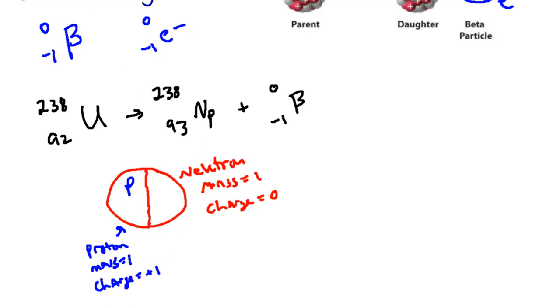That makes logical sense, doesn't it? An electron, though, has a mass of relatively nothing. It is really non-massive. It's got a charge of negative 1. So in a neutron, you can see the total of the mass, 1 plus 0, is 1. The total of the charge, plus 1, negative 1, equals 0. So a neutron is kind of made up of a proton and an electron.